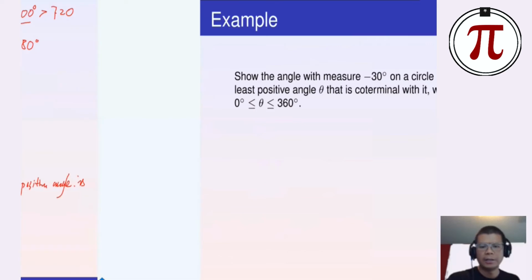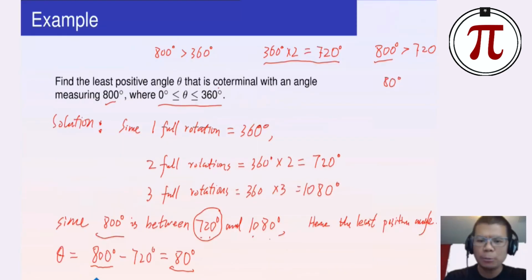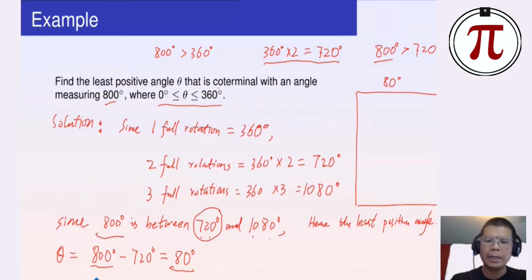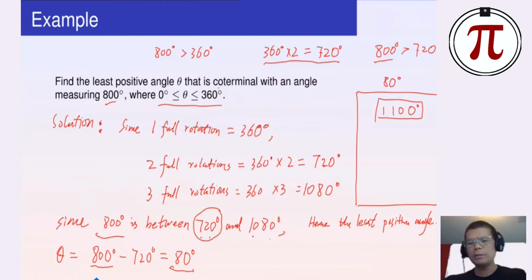Now, can you go ahead and see if you can find, instead of 800, how about 1100 degrees? Find the least positive angle theta that is coterminal with an angle measuring 1100 degrees.